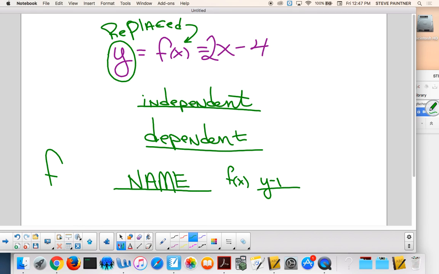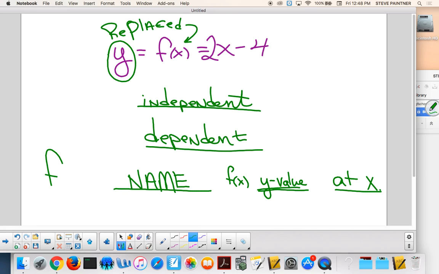F of x is the y value. So if you get f of x to be 7, you know what you found? You found the y value of the function at x.